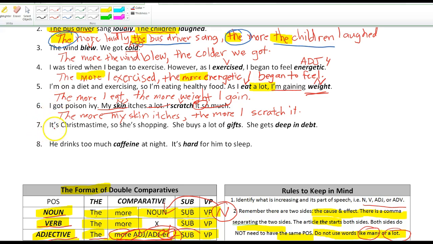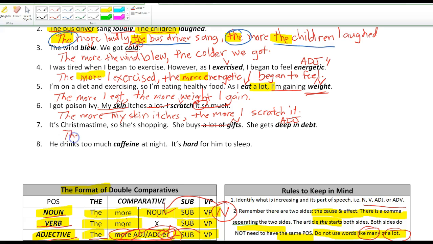Okay, number 7. It's Christmas time, so she's shopping. She buys a lot of gifts. Gifts is a noun. A lot of is going to disappear. She gets deep in debt. Okay, and I would call this an adjective. Okay, so the first part is noun. Remember, the, more, increasing noun, subject, verb phrase.